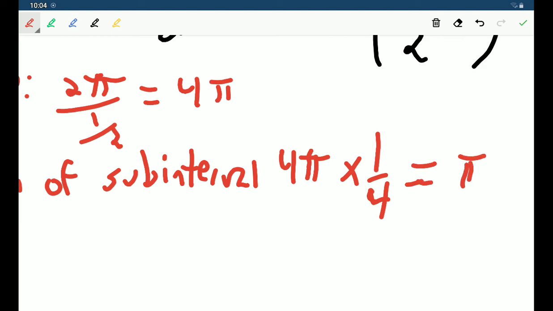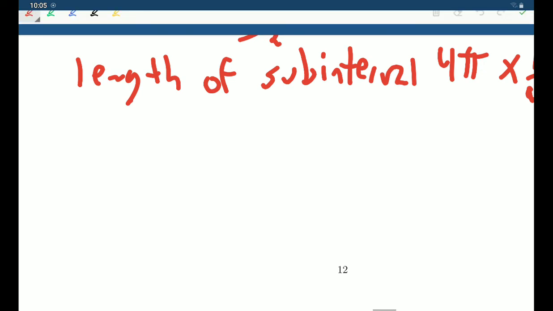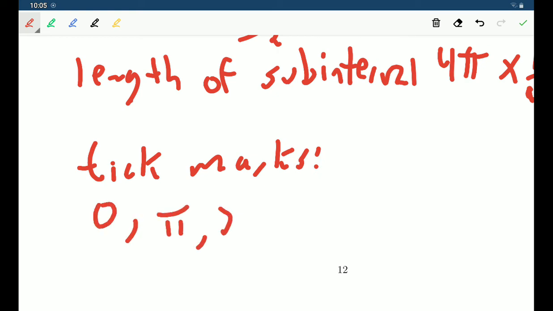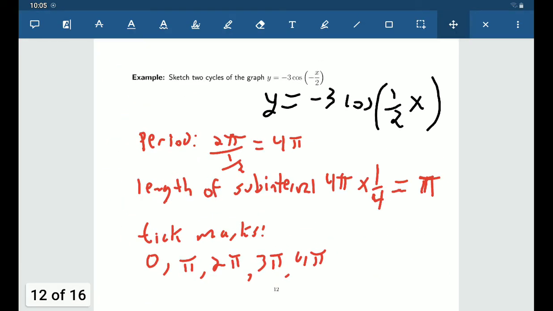So then our tick marks along the x-axis would be 0, and then pi, and then 2 pi, and then 3 pi, and then 4 pi, each time going up by pi. So that's our beginning work, our analysis.